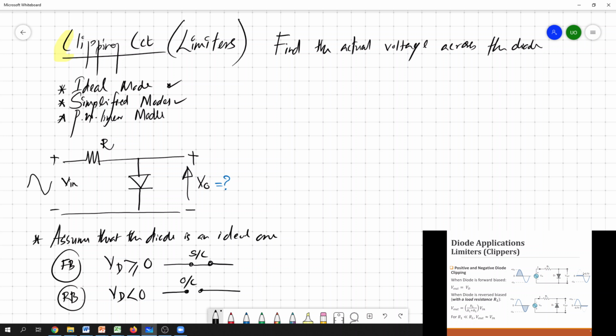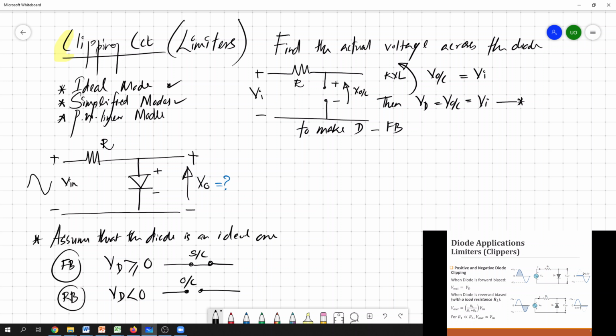So then, to make the diode forward biased, we know that the voltage drop across the diode should be greater than or equal to 0.